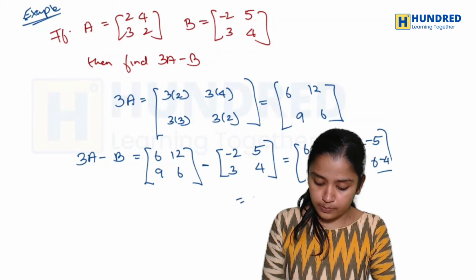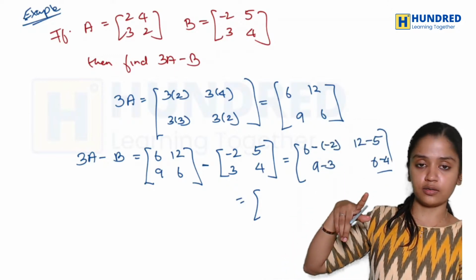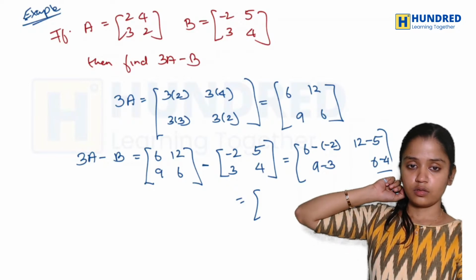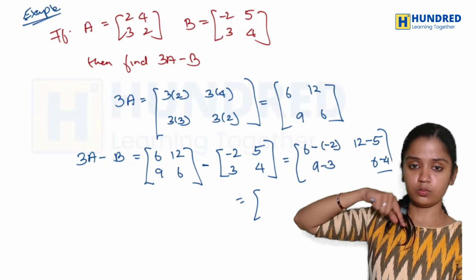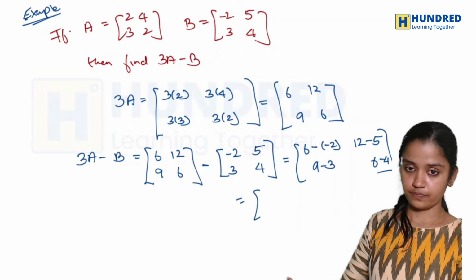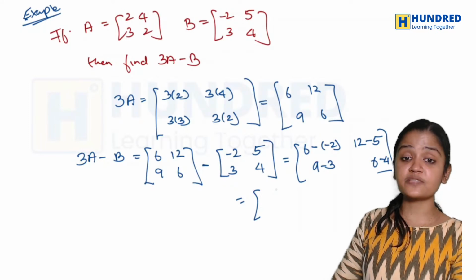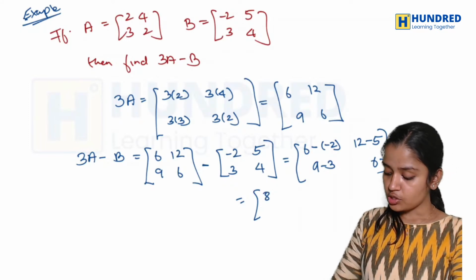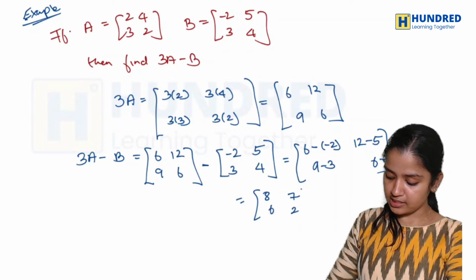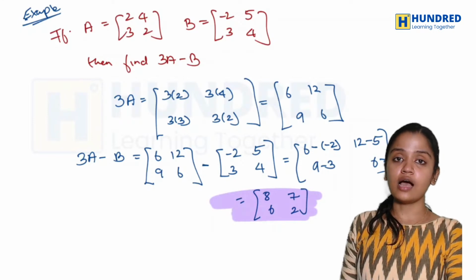Sorry, I think it's not visible. Is it visible now? Okay. So here it will be minus of minus 2 is plus 2, so 6 plus 2 is nothing but 8. This will be 7, this will be 6 and this will be 2. So this is my final answer.